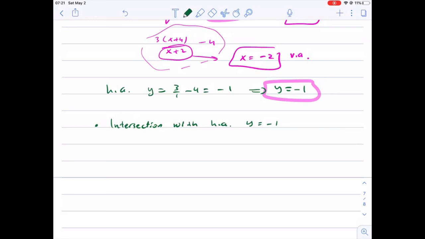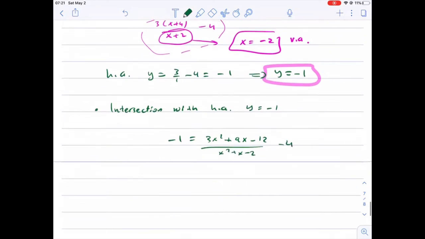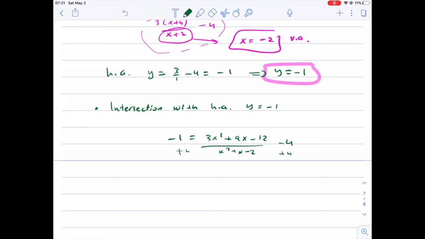We set the original function equal to negative 1. So negative 1 is equal to 3x squared plus 9x minus 12 over x squared plus x minus 2 all minus 4. And then we add 4 to both sides. We get 4 minus 1 is 3.